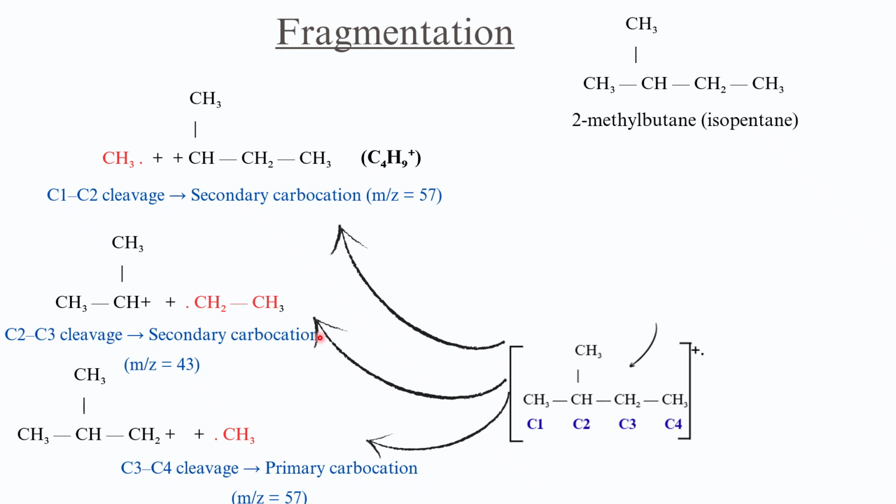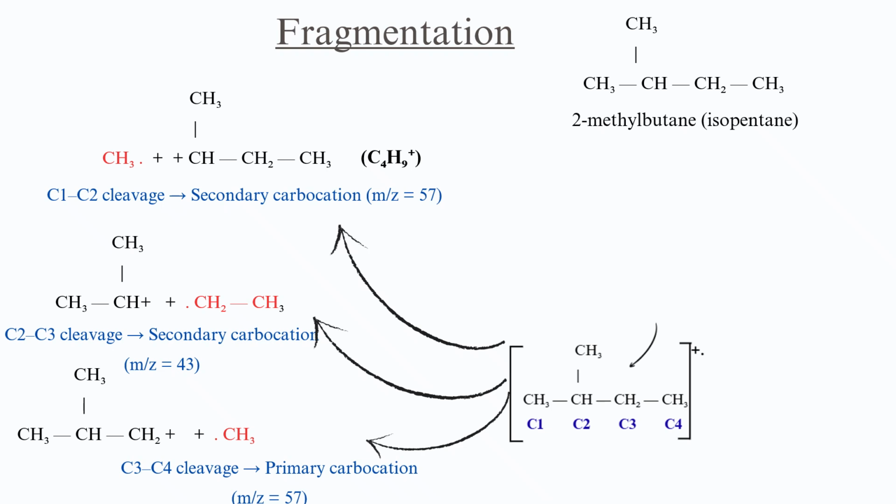Now the question is, which one should I select as my primary fragment? Should I break it this way in the exam, or this way, or this way? The simple, clear-cut answer is to always follow the stability in case of alkanes. Specifically, I suggest you follow the stability of the carbocation.